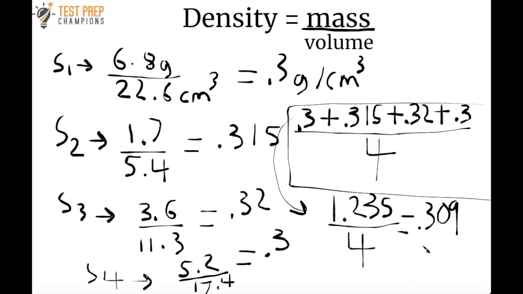We could even round this to 0.31 to be more exact. So you should have a number that rounds to 0.31, or something very close to this, depending on how you rounded in the intermediate steps. But like I said, for a multiple choice question, if you round differently in the intermediate steps, your answer should still be very, very close to one of the multiple choice answers.